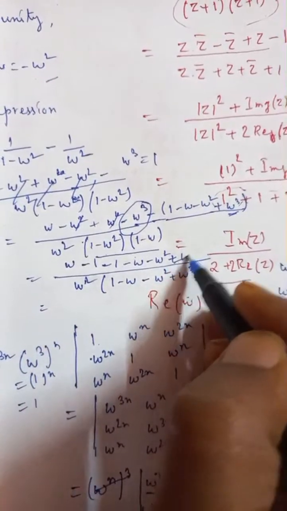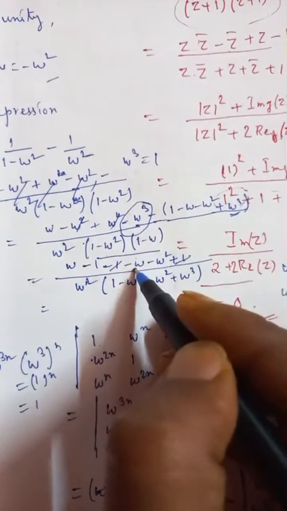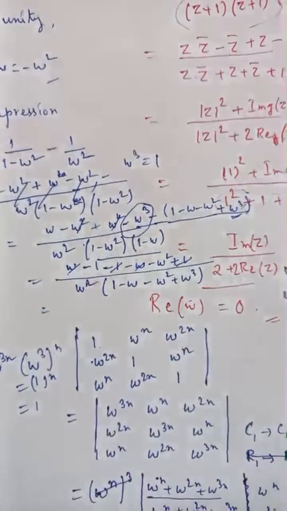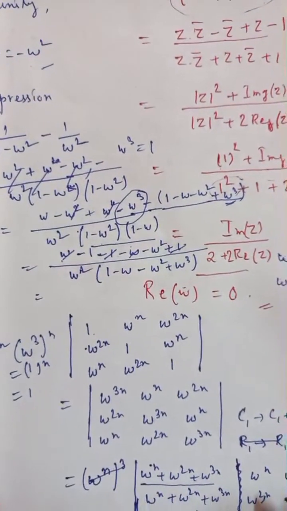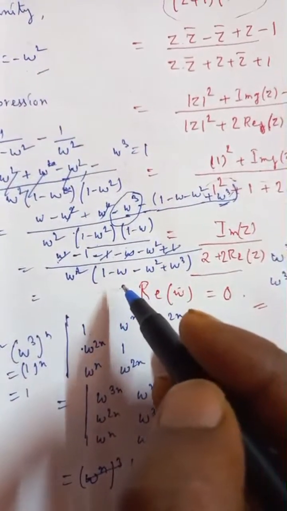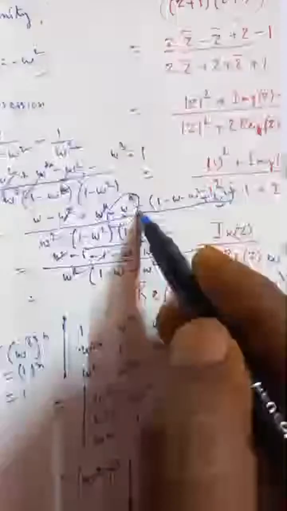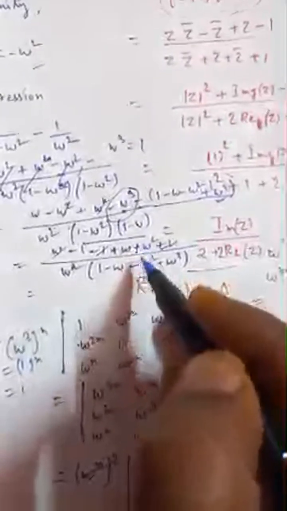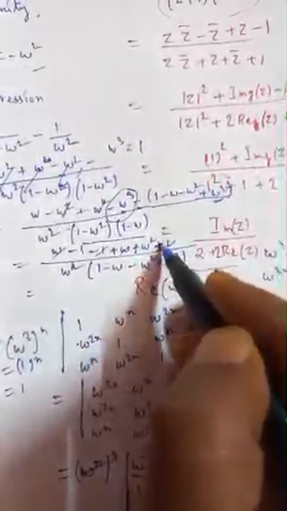So plus 1 minus 1 cancel each other. Omega and omega cancel each other. These both will be plus omega square, plus omega square. It will be minus. We have to do it fresh.